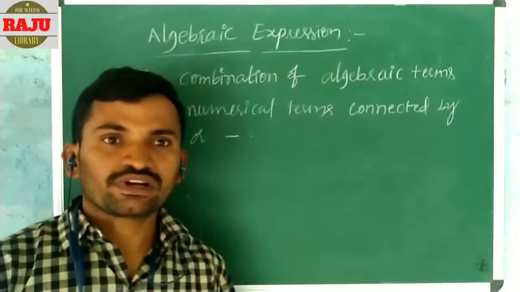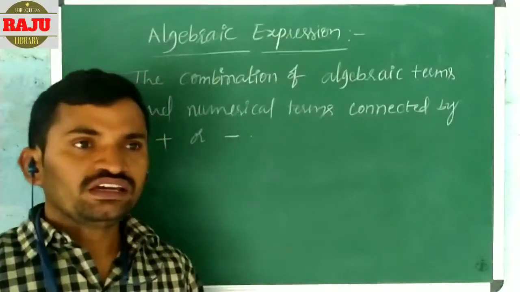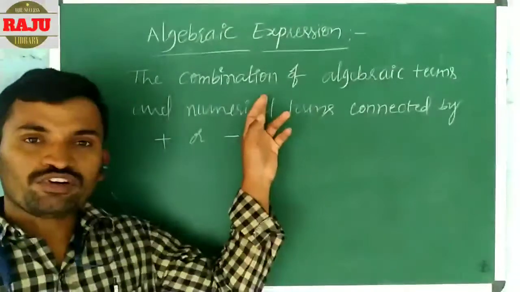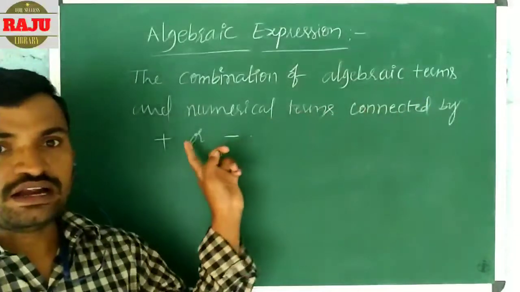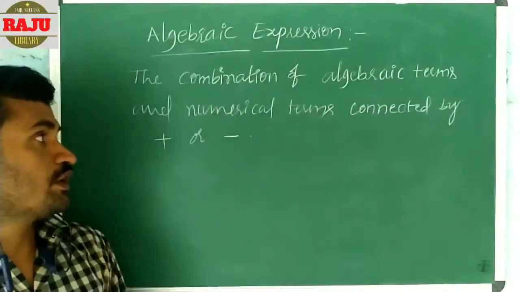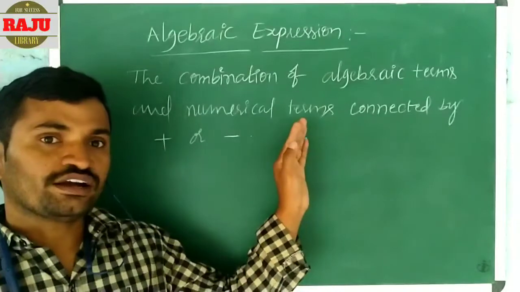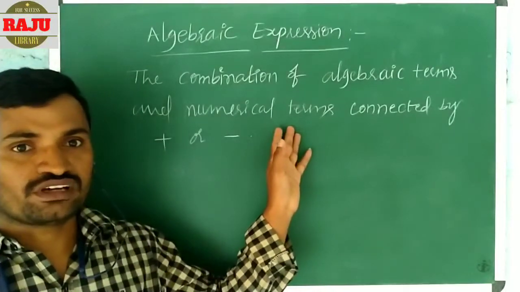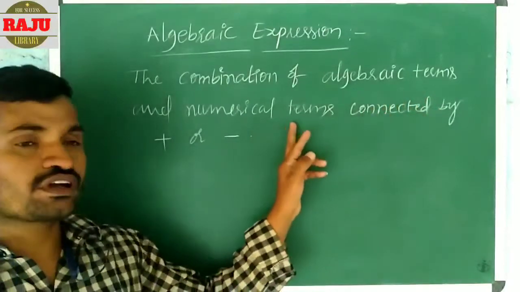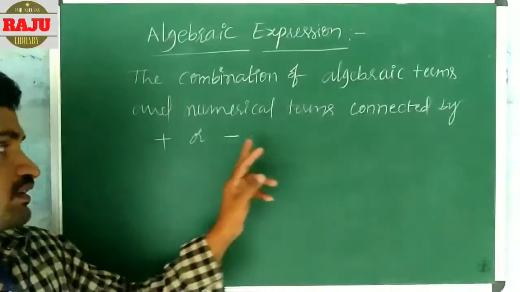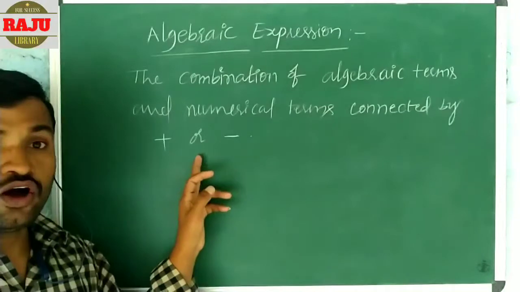What is an algebraic expression? Here, the combination of algebraic terms and constant terms or numerical terms. Only constants are also called numericals. So the combination of algebraic terms and numerical terms connected by plus or minus.